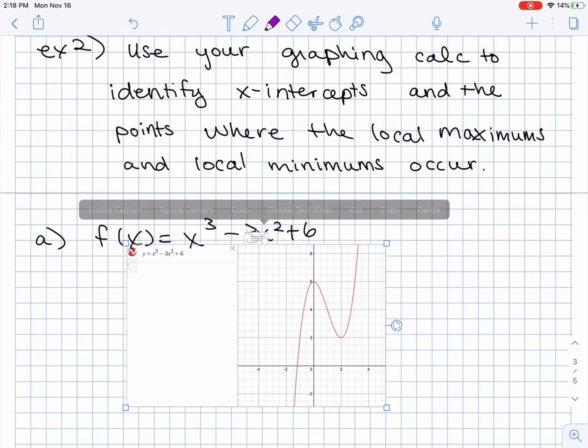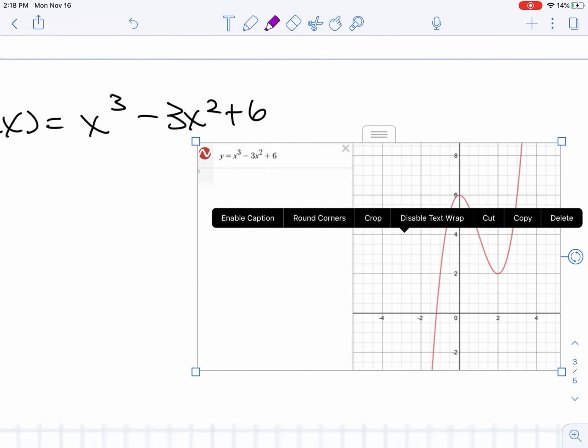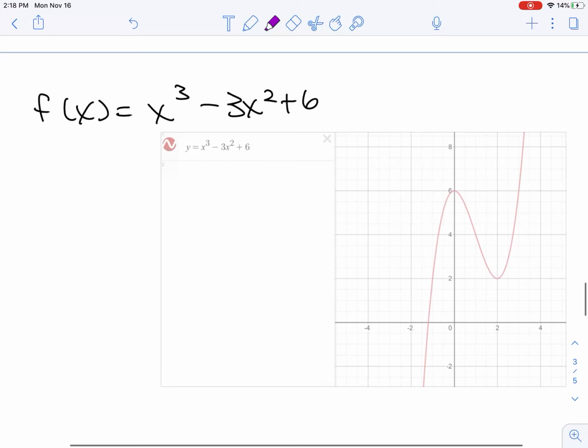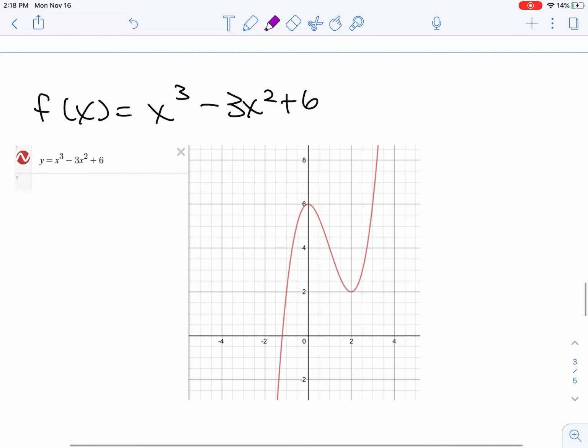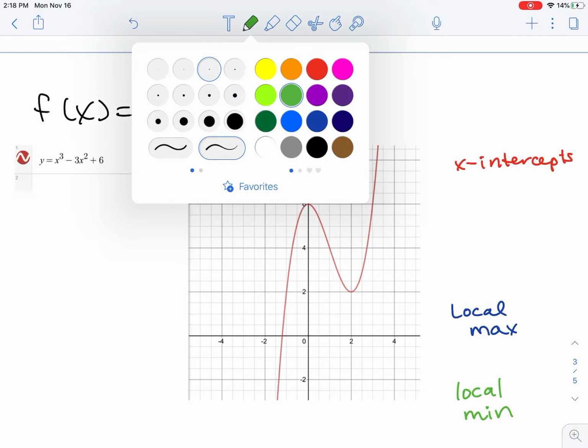I'm going to change our paper so you can see. Looking at this graph, I can see the shape of my graph, which I made using a graphing calculator. Now we're going to identify the x-intercepts and the points where a local maximum and a local minimum occur. Let's first do our x-intercepts.